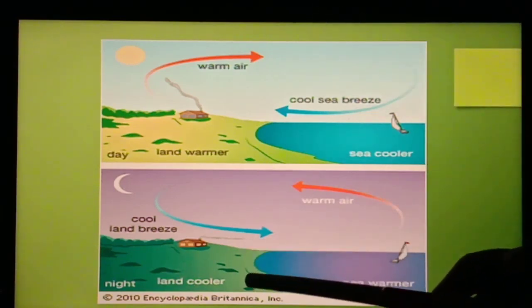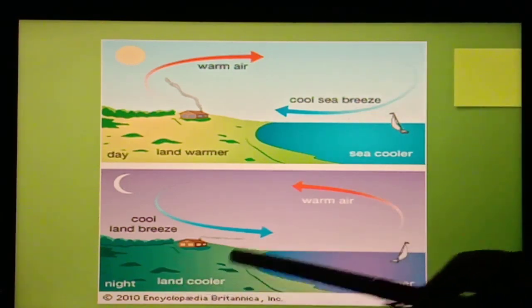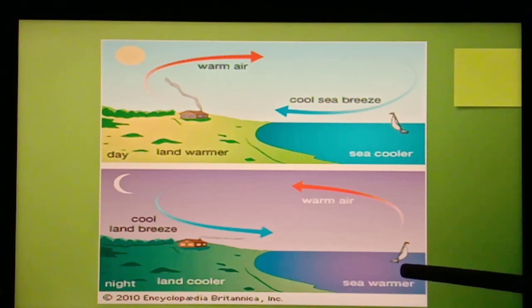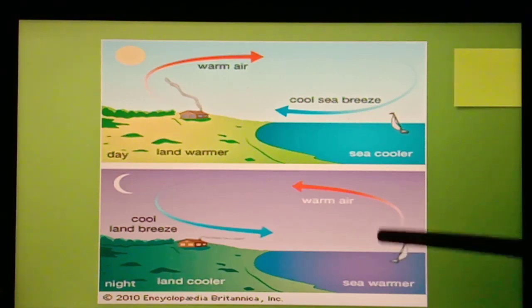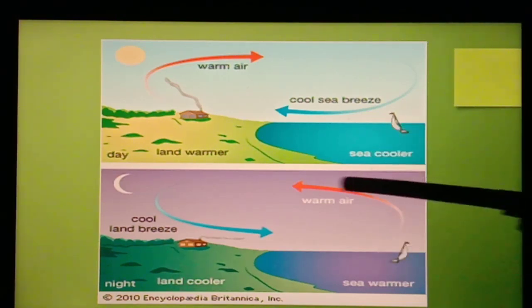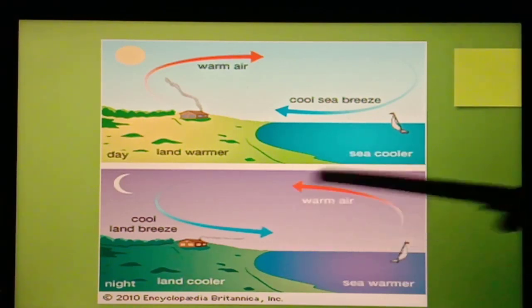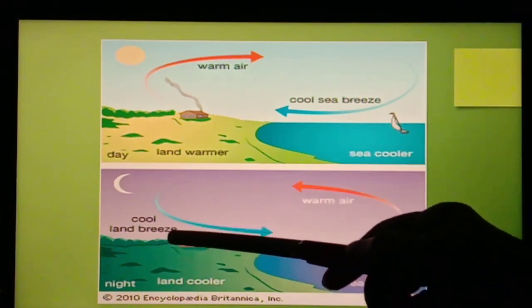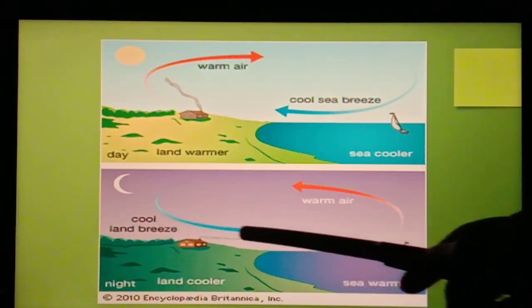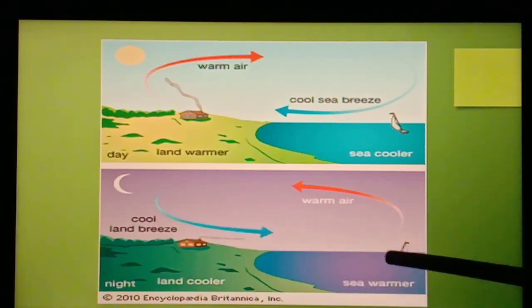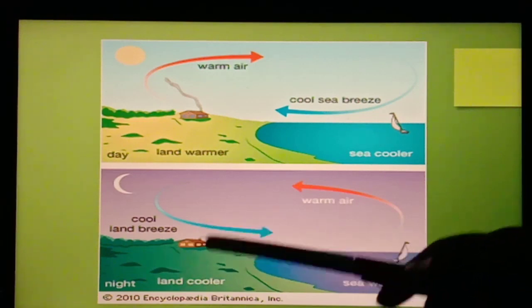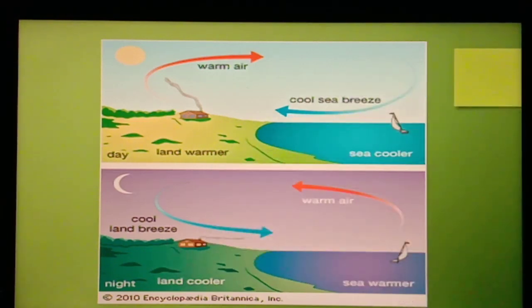At night, the land becomes cooler, whereas the sea is warmer. So the warm air above the sea rises up, leaving this space vacant. The cool air from the land moves towards the sea. This is considered a land breeze.